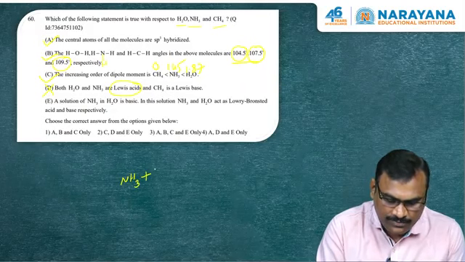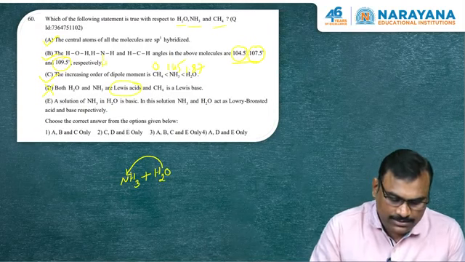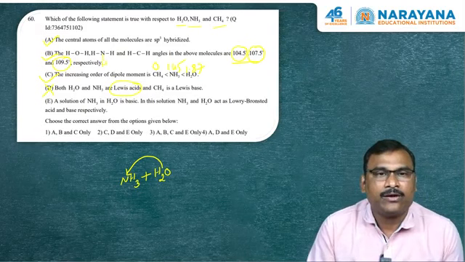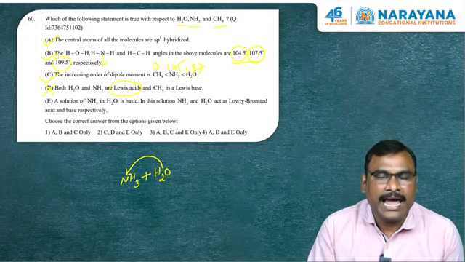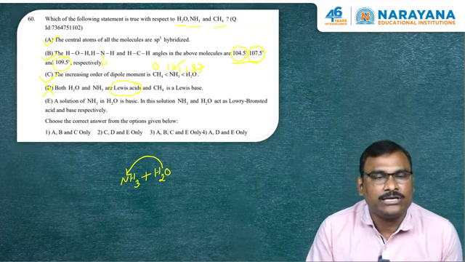In ammonia and water, water protonates ammonia, or donates H plus to ammonia. According to Bronsted-Lowry theory, which donates H plus is the acid and which accepts the H plus from the donor acts as a base. So, ammonia should act as a base and water should act as an acid according to Bronsted-Lowry theory.